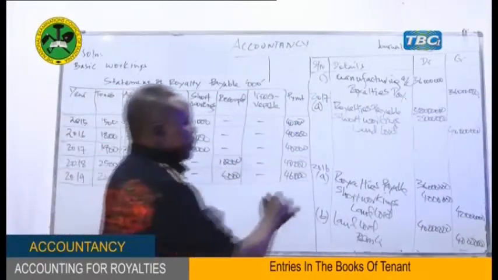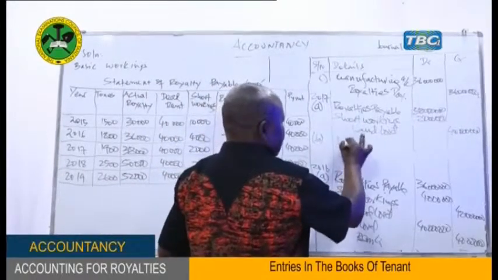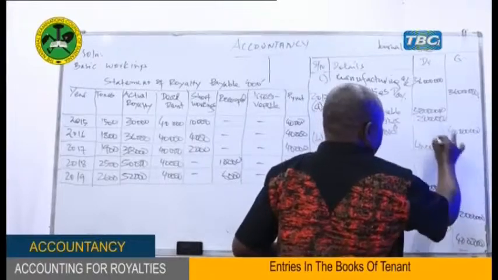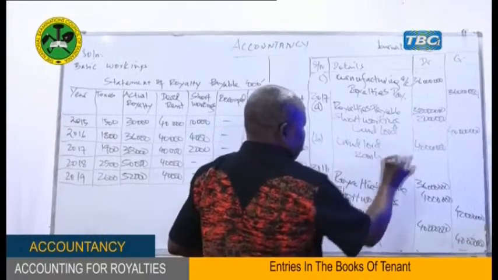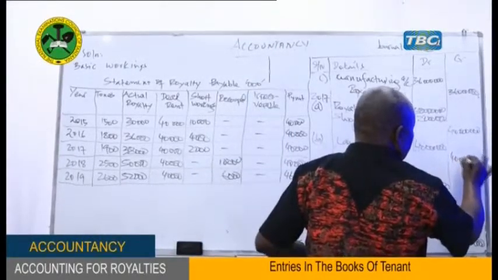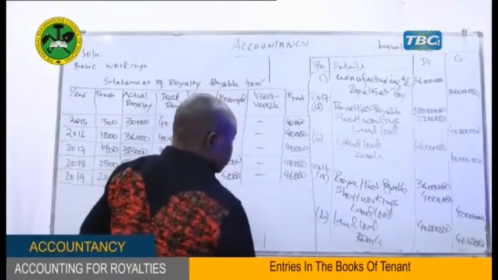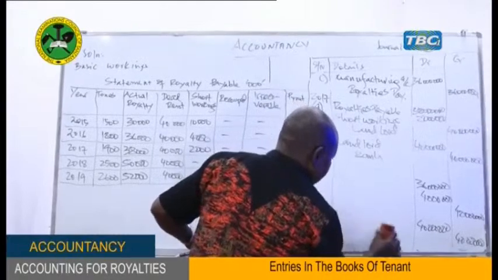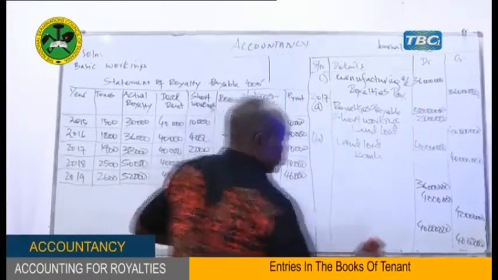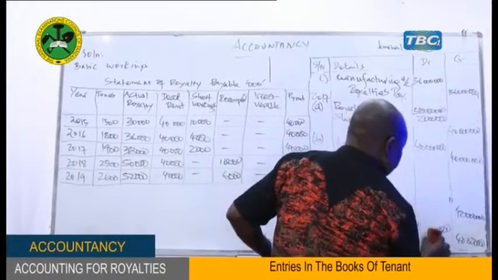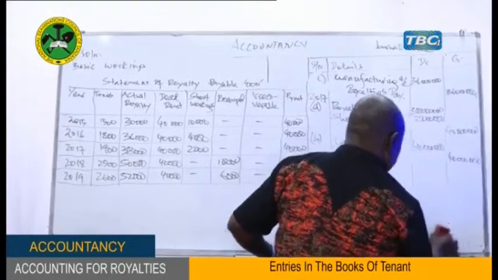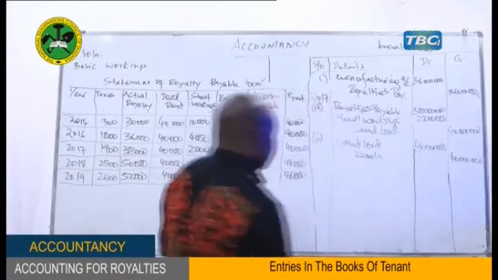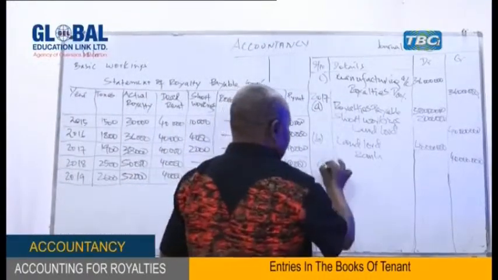Then to payment. So B now, we are going to debit landlord 40 million and credit bank 40 million. So C now to transfer to the manufacturing account.